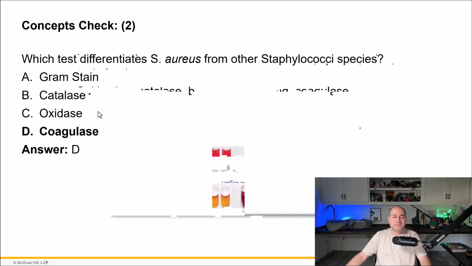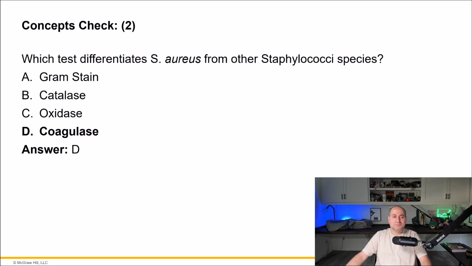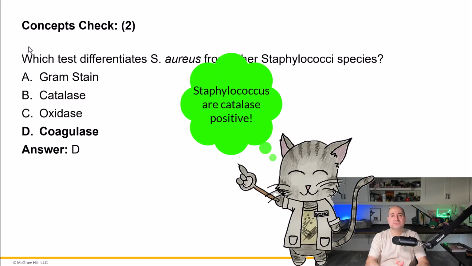The answer would be coagulase, and that's because the other Staphylococci species are coagulase negative, while Staph aureus is coagulase positive. And by the way, this is another important point for you to write down. Staphylococcus is known for being catalase positive, okay? Make a note of that.